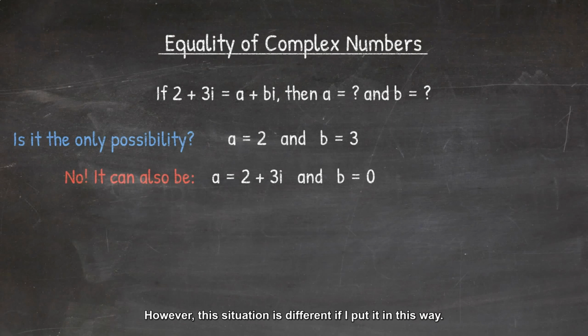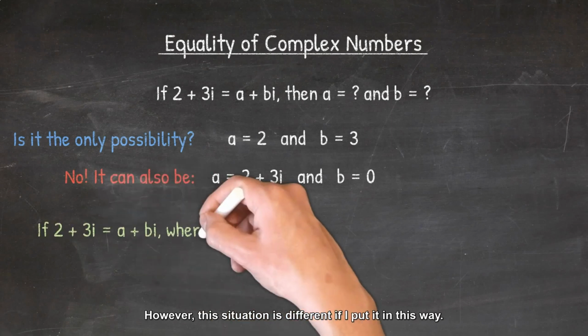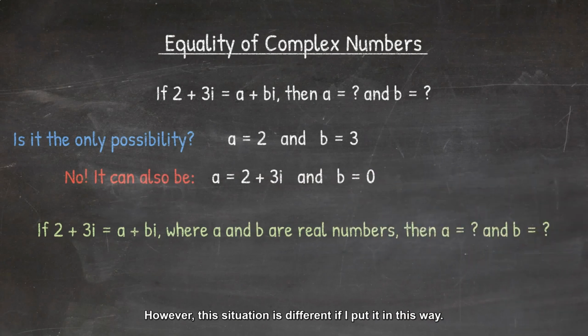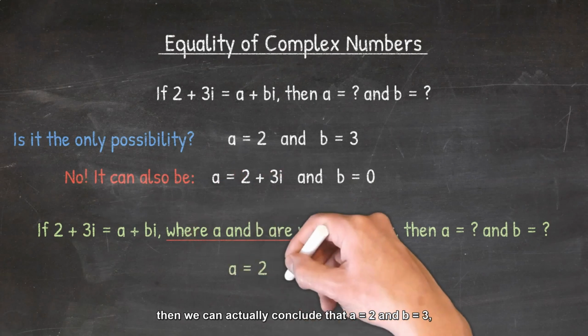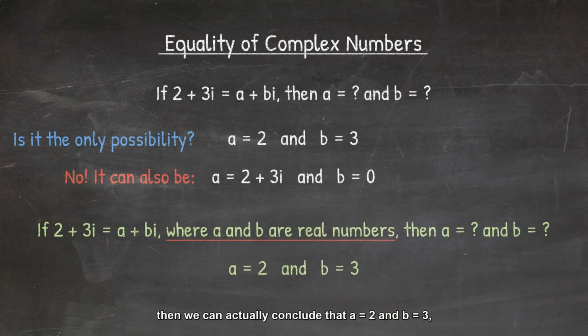a and b. However, this situation is different if I put it in this way. If it is specified that a and b are real numbers, then we can actually conclude that a is equal to 2 and b is equal to 3, and it is the only possibility in this case.